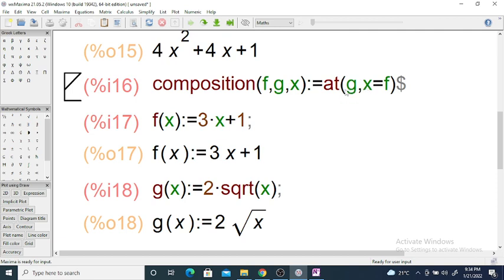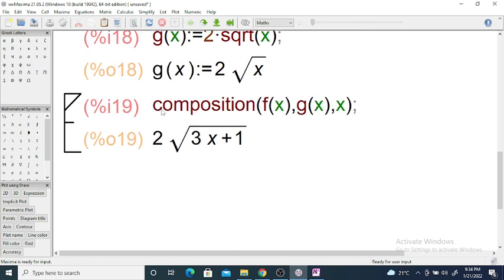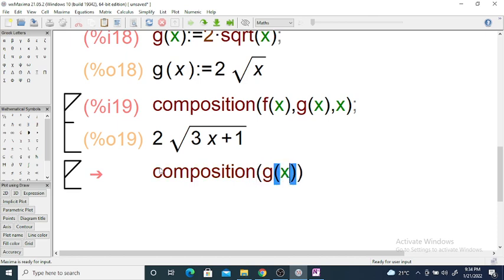In the function of g, we put x equal to f. So this is g of f. And if you want to calculate f of g of x, then use the composition of g of x, f of x, and variable x.